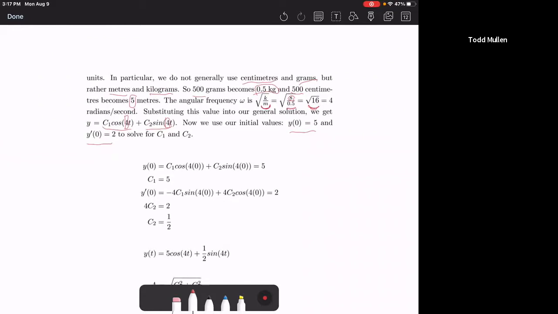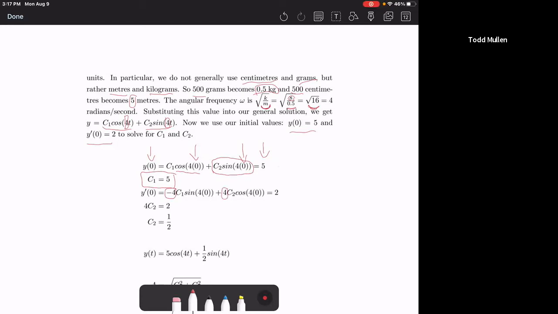So this will give us our initial values. We plug in t is equal to 0. And when t is 0, y is equal to 5. So that means c1 is equal to 5. Note how the sine term just disappears because sine of 0 is 0, but cos of 0 is 1. Now we'll take the derivative. That's a little bit of chain rule. So the 4's come out front.